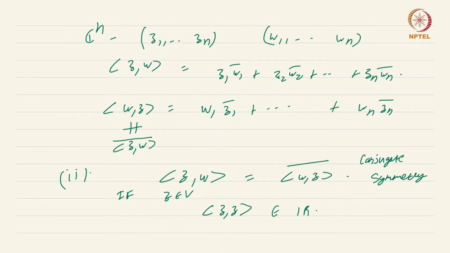Why is this the case? Well, observe that when you interchange z comma z, you are supposed to get the conjugate of (z, z) by the conjugate symmetry condition, which means that the inner product of z and z is a complex number whose conjugate is itself, therefore it must be real.